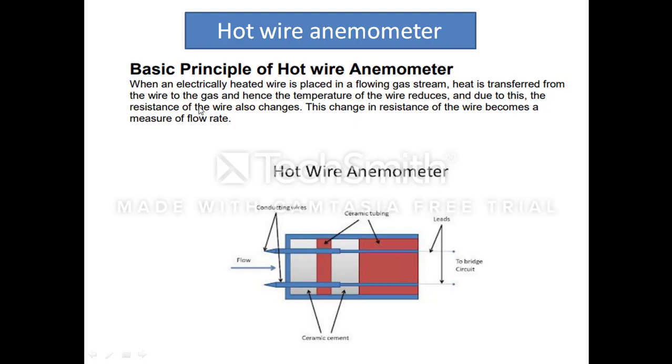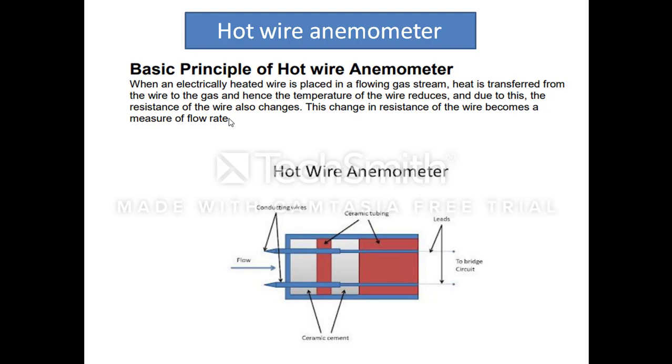The heat is transferred from the wire to the gas, hence the temperature of the wire reduces. Due to this, the resistance of the wire also changes. This change in resistance of the wire becomes the measure of the flow rate. So we measure the flow rate based on the variation in resistance value.